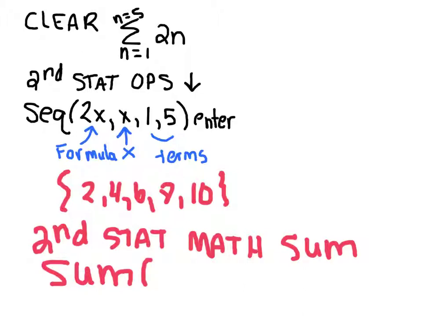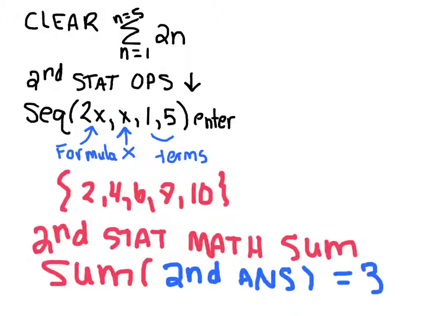And now you're going to hit the second button and answer, and the answer button is underneath the negative sign. And if you hit enter on this one, it should give you 30, just like last time.